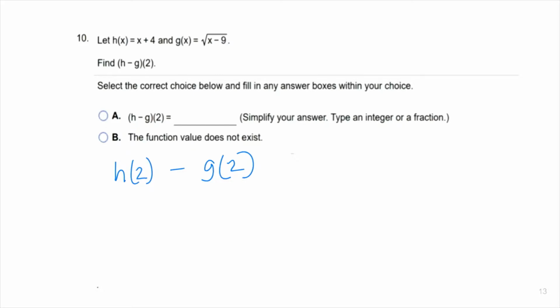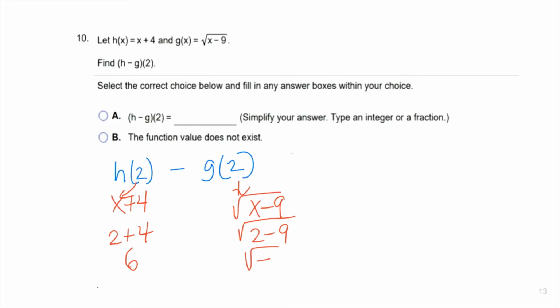h is x plus 4. Replacing x with 2, you get 6. And then radical x minus 9, replacing the x with 2, I get 2 minus 9, which is negative 7.